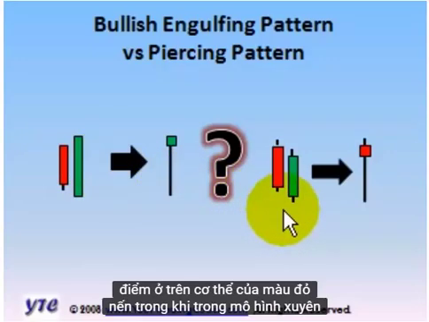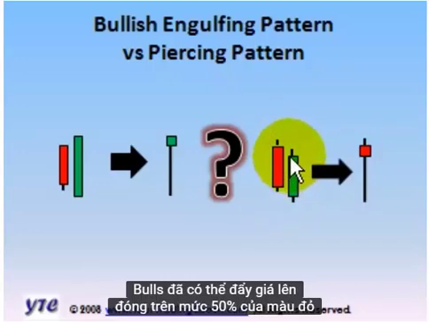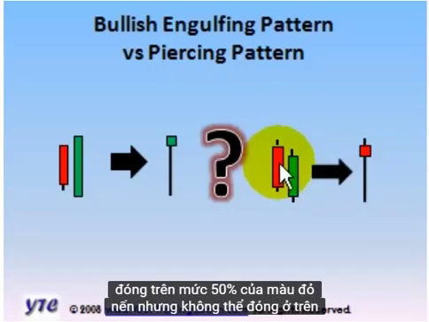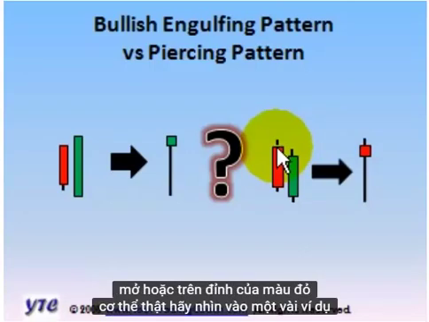Whereas in the piercing pattern, the bulls were able to push the price to close above the 50% level of the red candle, but were not able to close above the open or above the top of the red real body.